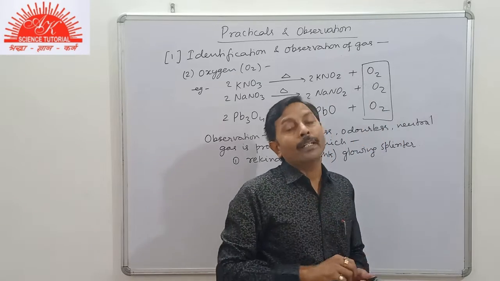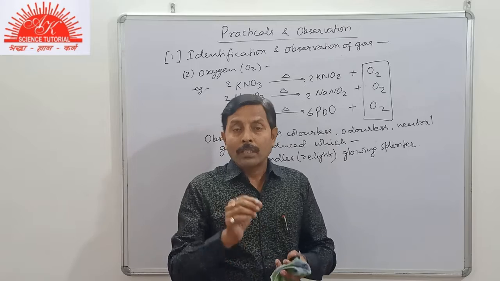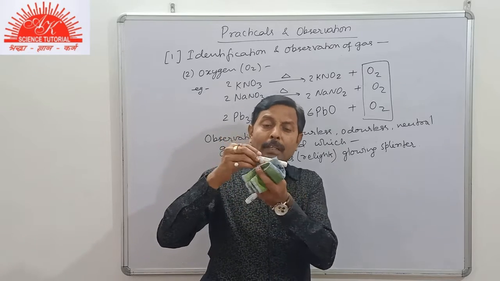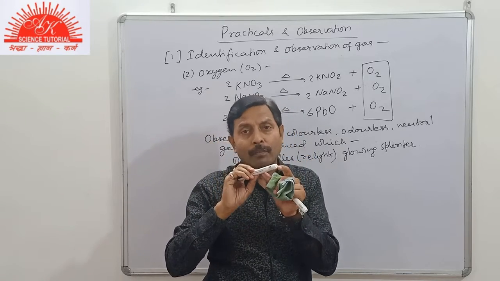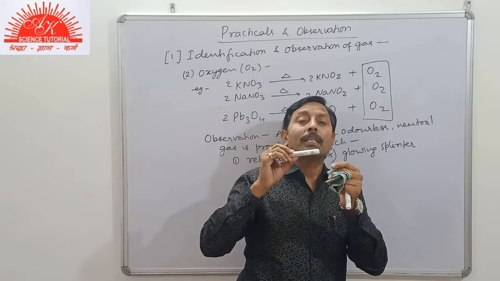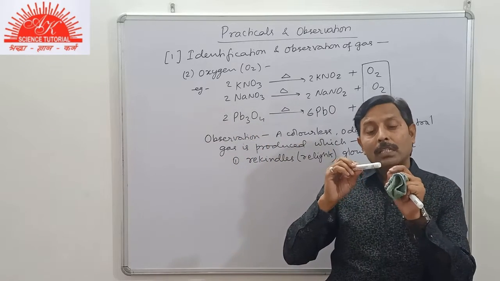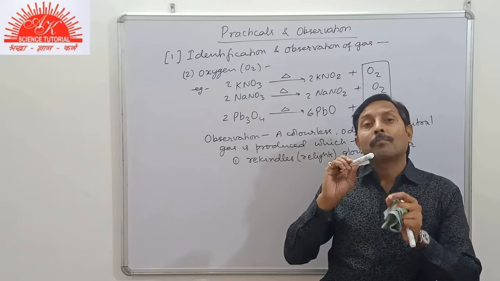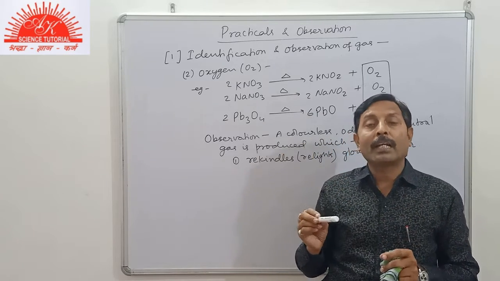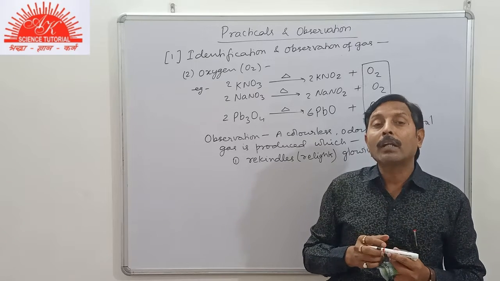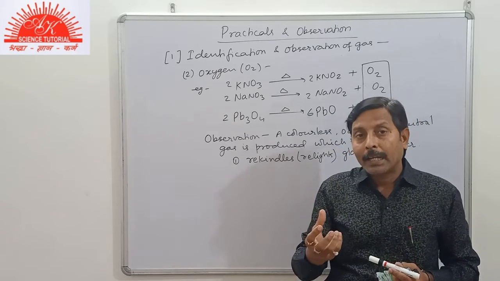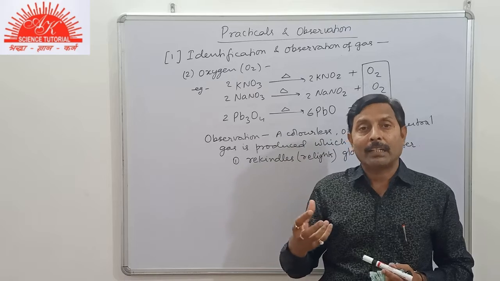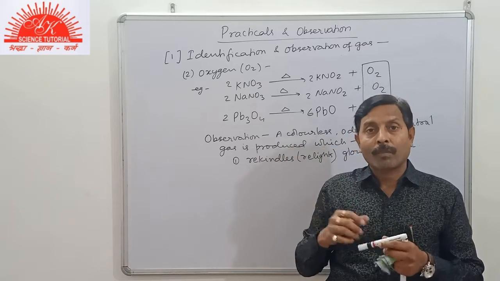So a glowing splinter means a very fine piece of wood which is glowing, reddish at the end, but not burning with flame. That is called a glowing splinter, or a smoldering incandescent stick, like an agarbatti.